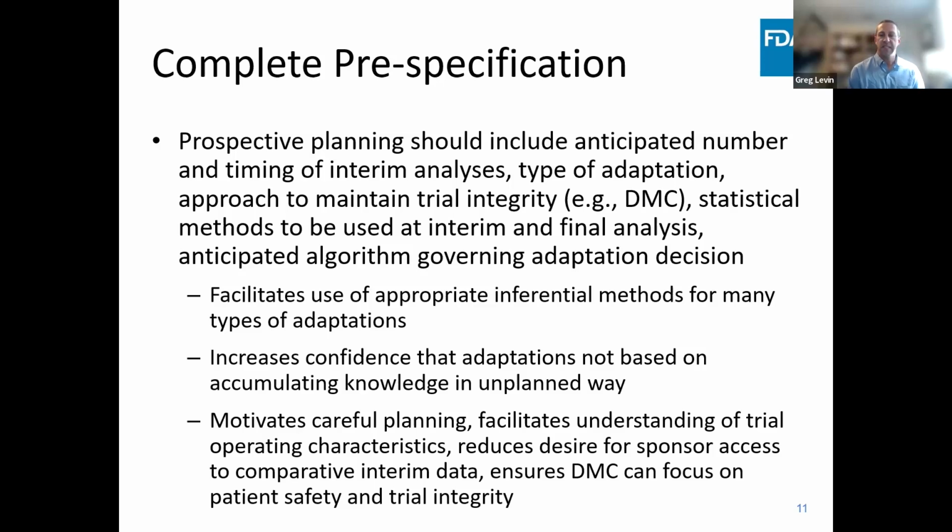It facilitates the understanding of the trial operating characteristics. It reduces the desire for sponsor access to comparative interim data. It ensures the data monitoring committee, if it's involved in the design, can focus on patient safety and trial integrity. So there are lots of reasons for this degree of pre-specification in an adaptive design.